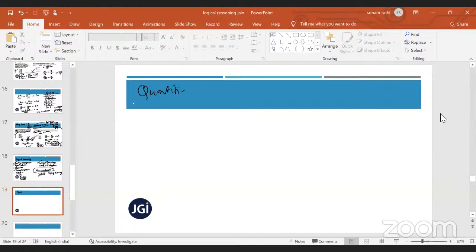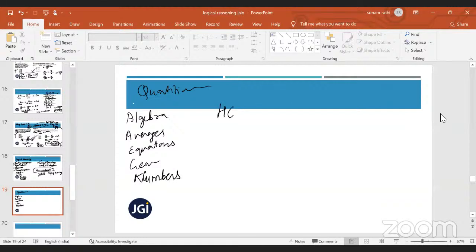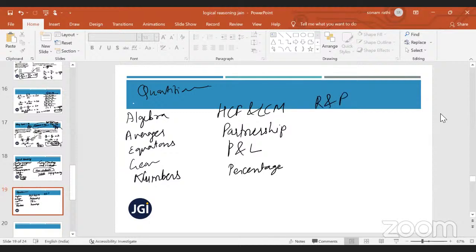Algebra, averages, equation, geometry, numbers, HCF and LCM, partnership, profit and loss, percentage, ratio and proportion, time, speed, distance, time and work, simple interest, compound interest, permutation and combination.